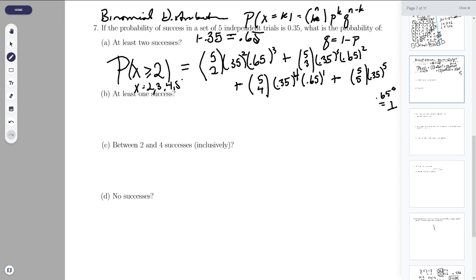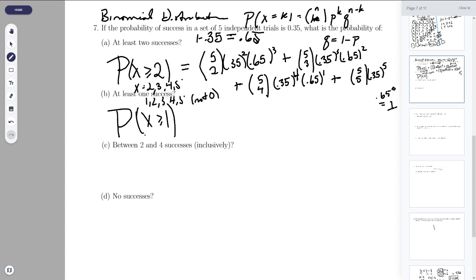So let's talk about the probability of at least 1 success. You might be thinking, oh God, this is worse than the probability of at least 2 successes, except we're going to do it the shorter way. The probability of at least 1 success, which means 1, 2, 3, 4, or 5 successes, basically the secret is that it's not 0.